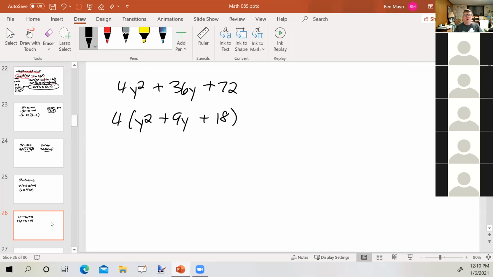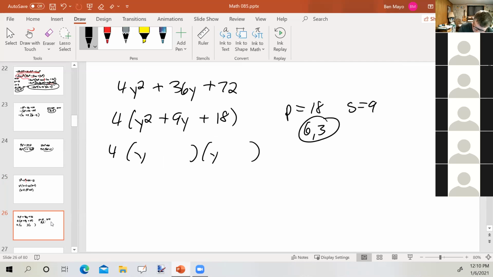When we take out the 4, the trinomial that's left inside has a leading coefficient of a 1. So we don't have to use grouping. We can split it up like this and say, well, the product is going to be 18 and the sum is going to be 9. Let's see. Oh, 6 and 3. So there we go for that one.